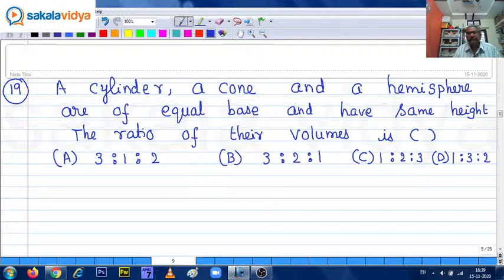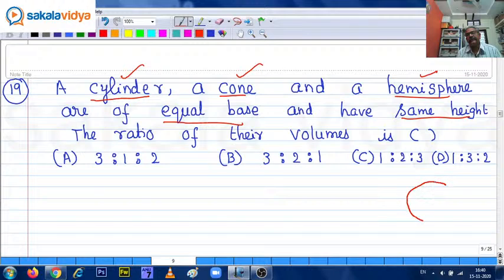So Nikhil, this is also an important problem. Cylinder, cone, hemisphere: a problem related to 3D figures. They have the same radius, say R, base radius, and the same height. First take the height of the hemisphere.